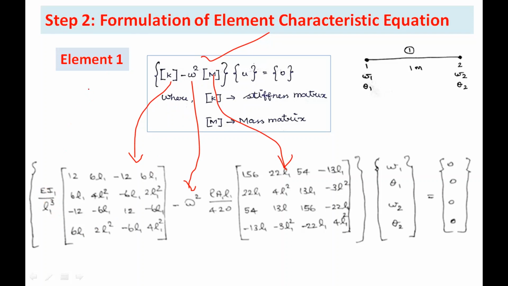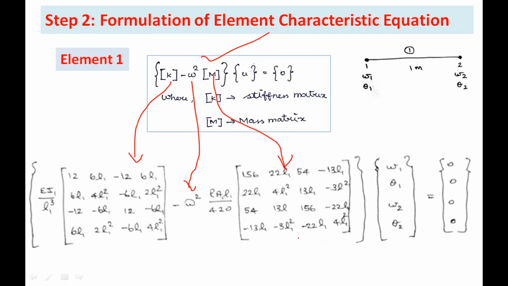This is for the first element we are writing, so that is why we are using suffix 1. 12, 6L1, minus 12, 6L1 like that. And in the mass matrix we have rho A1 L1 divided by 420. Then this is also a 4 by 4 matrix, 156, 22 L1, 54, minus 13 L1.